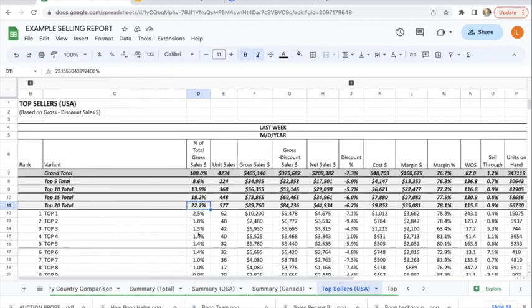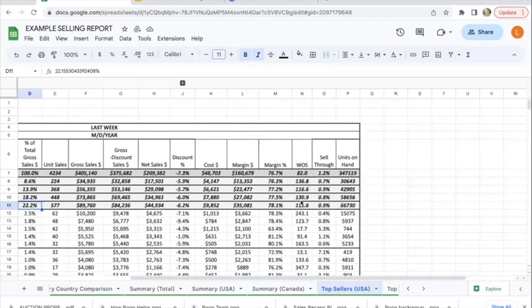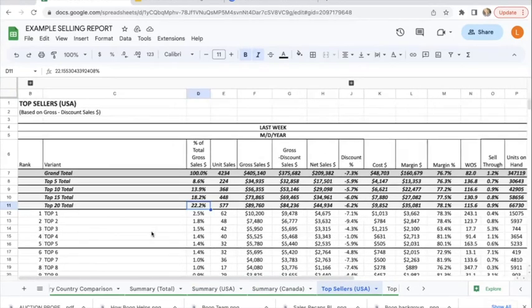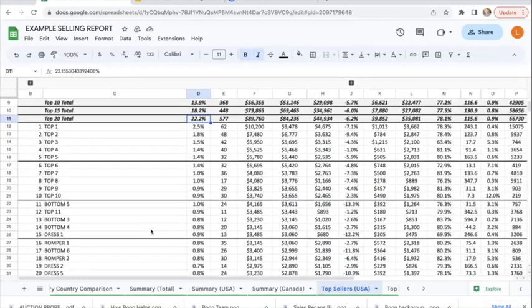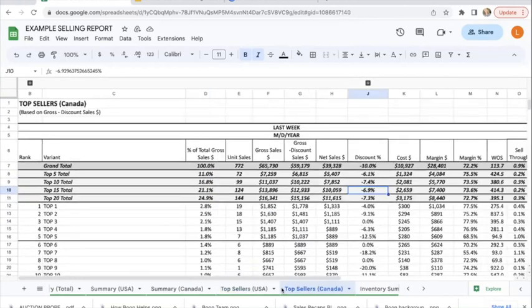So this can give you good eyes on those top items to make sure that you're capturing those sales trend changes, because they can have a big impact to your business, and making sure that you're supporting those styles with inventory. So looking at your weeks of supply, sell through, and your units on hand here. So this is a really great summary report. And then for this client, it's by the 2 different countries.